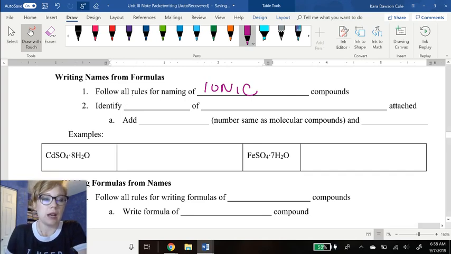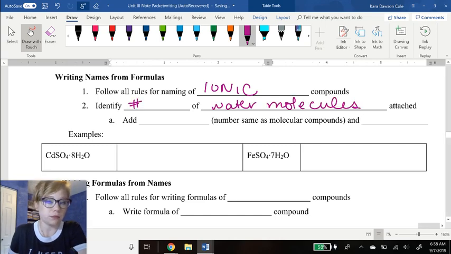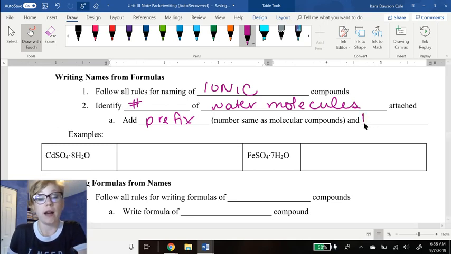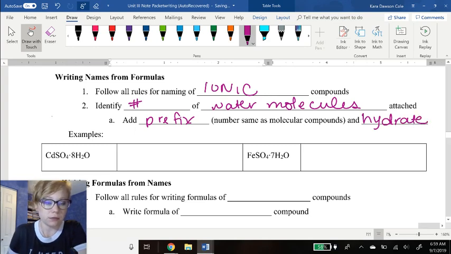And then you're going to identify the number of water molecules that are attached. So add a prefix, the same as the molecular compounds, in front of hydrate. So it's prefix hydrate.